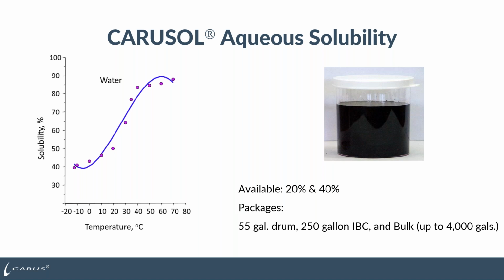Like I mentioned earlier, the potassium permanganate has a max solubility of 5%, which means you'd be shipping 95% water, which isn't economical, which is why most people choose to move to sodium permanganate if they're going to feed a liquid to their application. The Carus sodium permanganate is available in 55-gallon drums, 250-gallon IBCs, and we provide a lot of it in bulk to many water plants across the US, which is typically about a 4,000-gallon shipment.